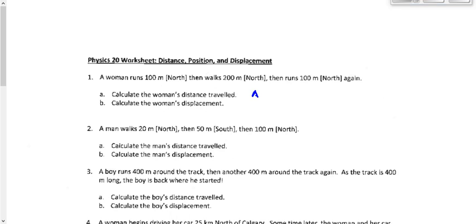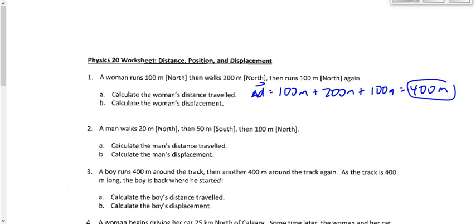Now, for distance, all we're going to do is add the distances together. 100 meters plus 200 meters plus 100 meters gives me a total of 400 meters. For displacement, we would pay attention to signs, but since they're all north, it's going to be positive as well, right?